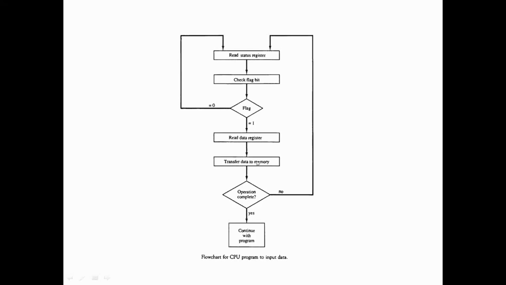So the whole reading is complete. If only one byte is to be transferred, then the operation is complete. And if it is not complete, if more bytes are to be sent by the keyboard, then this will start again.